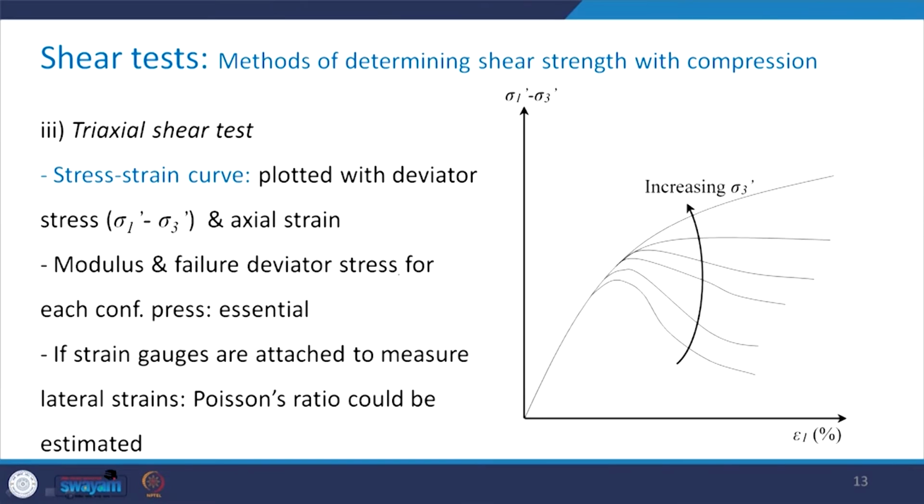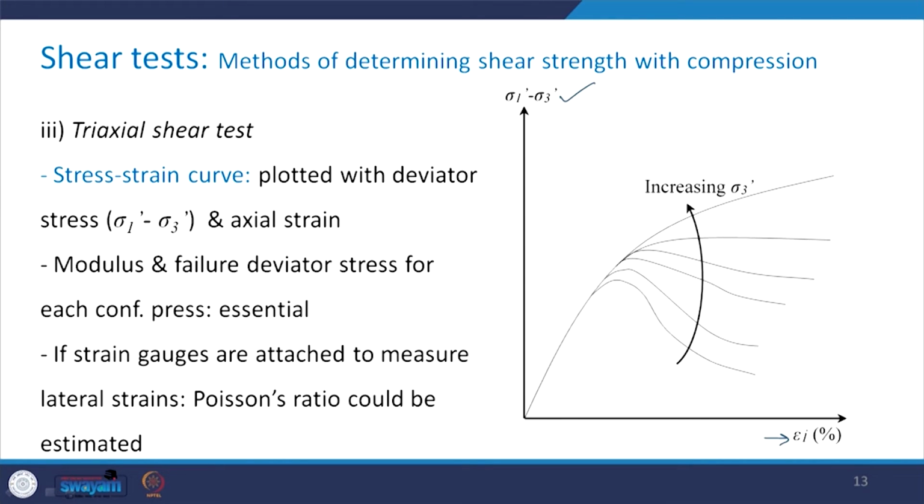Here it is plotted with the deviatoric stress, which is sigma 1 minus sigma 3 prime, and on the x axis you have the axial strain, which is epsilon 1 in percentage.